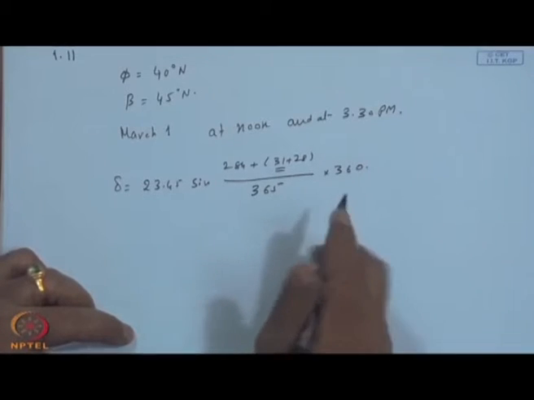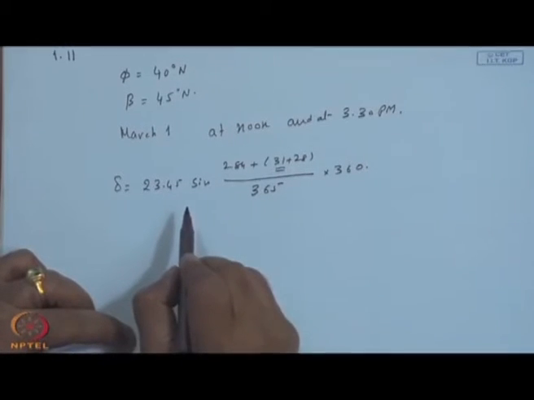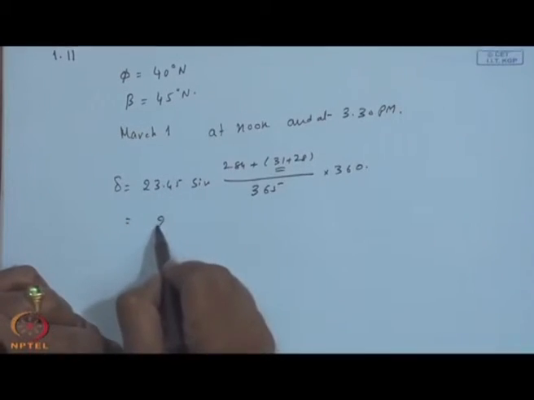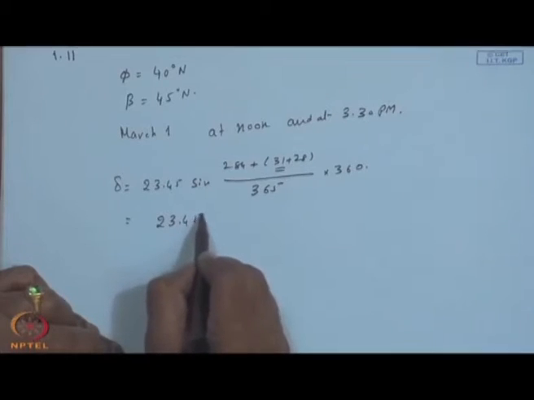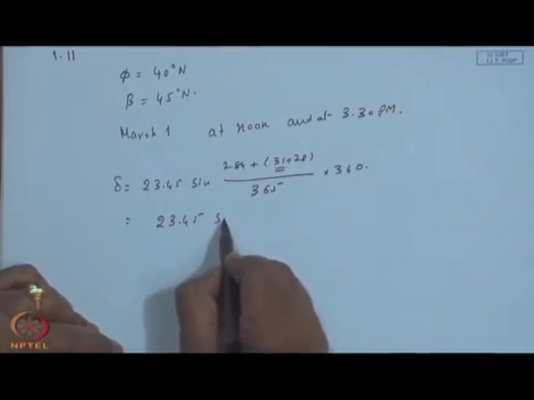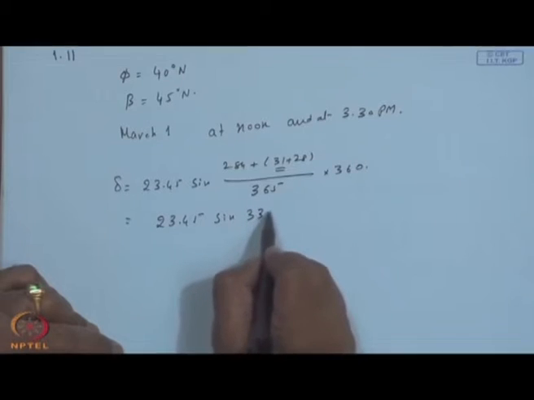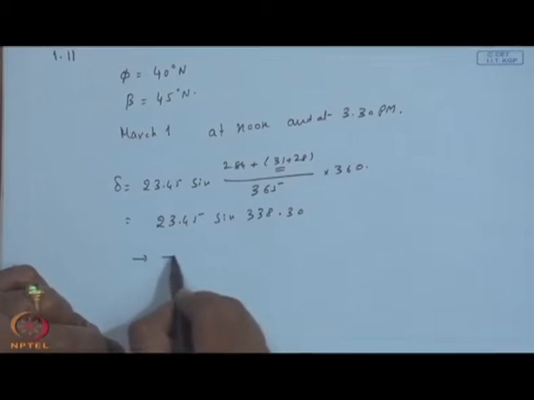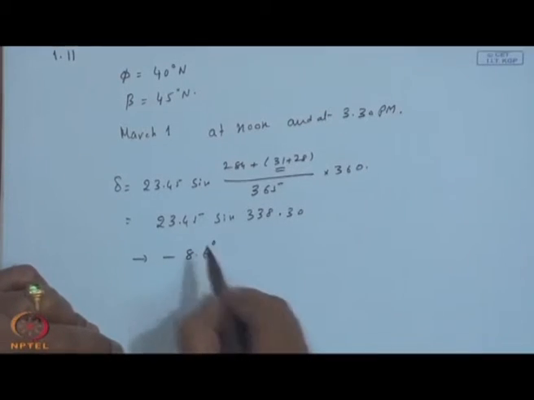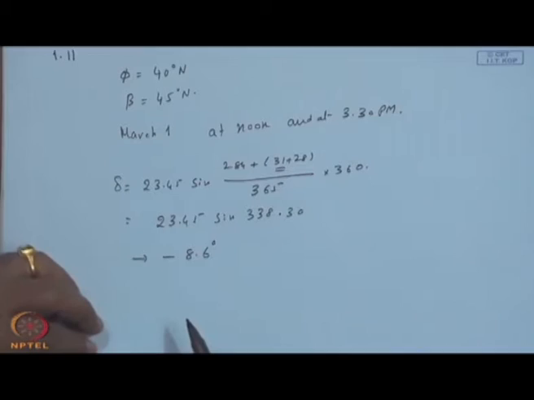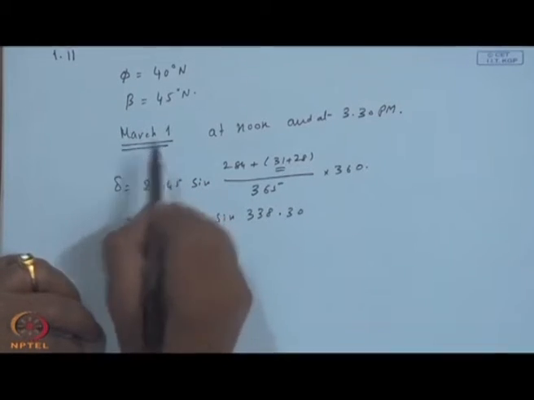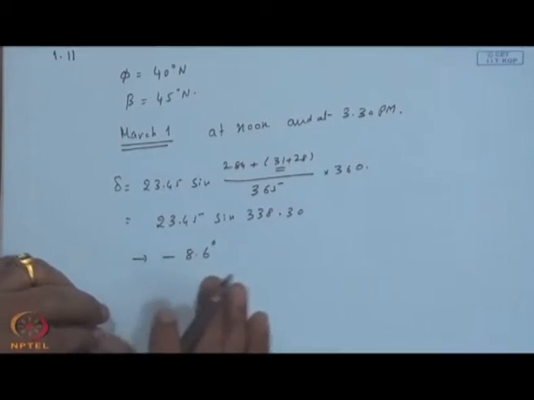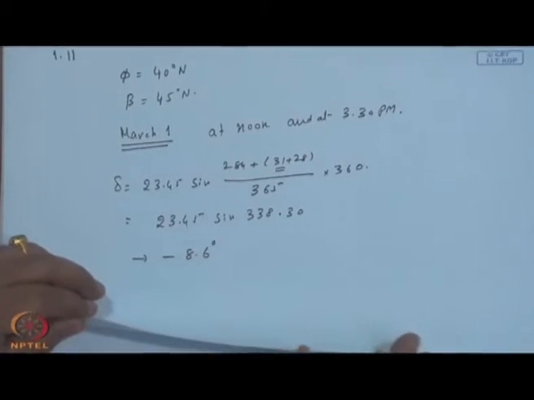I think in the previous example I was forgetting this 284, but you can correct it. So, 23.45 times sin 33830, which comes to minus 8.6 degrees. This is quite okay, because this is March 1st.